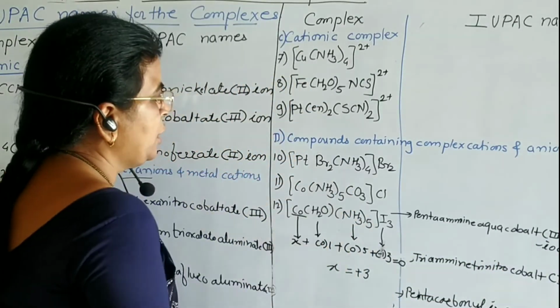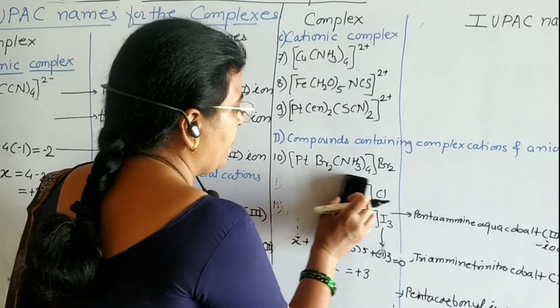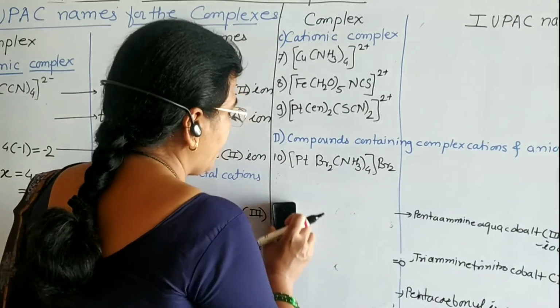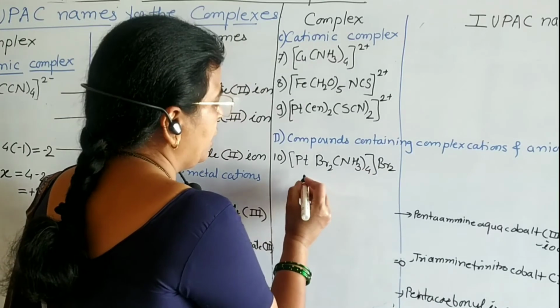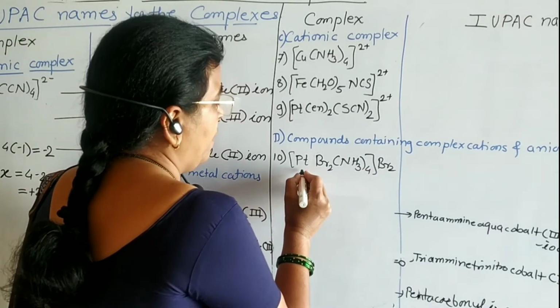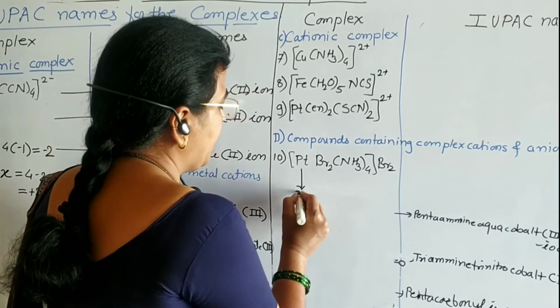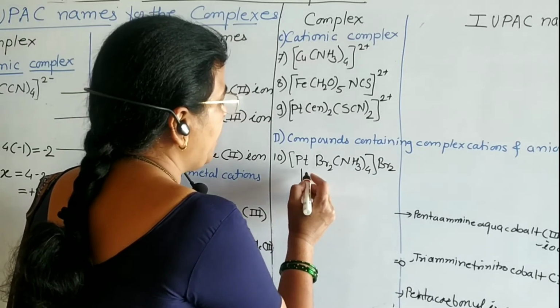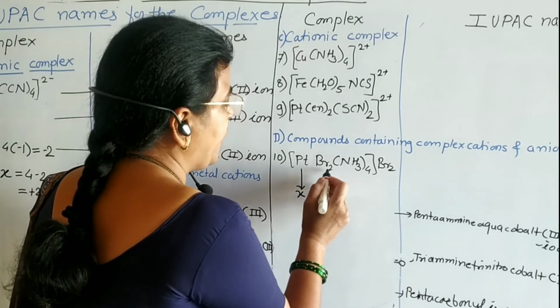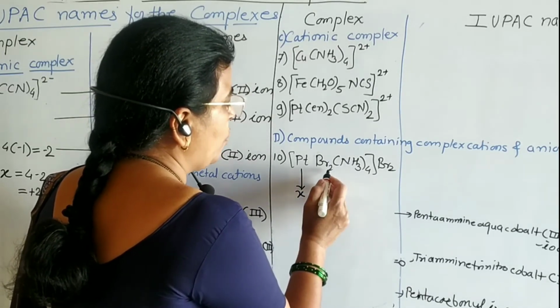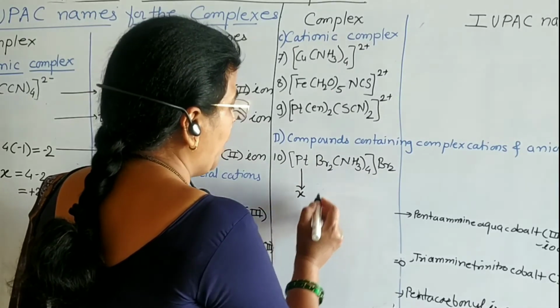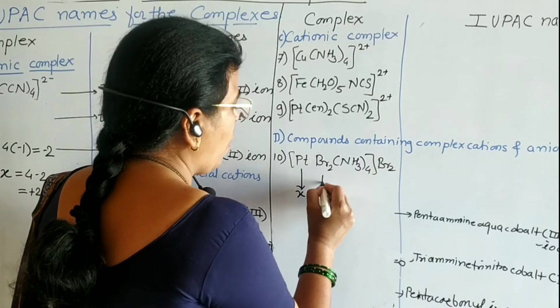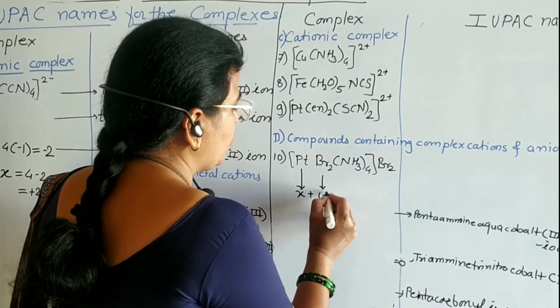Now we are going to see this 10th example. Now here this has platinum as a central metal ion. Now this platinum is bonded to 2 different types of ligands, that is bromine and ammonia. Therefore it is an example of a heteroleptic complex. Now here oxidation state of bromine is -1.